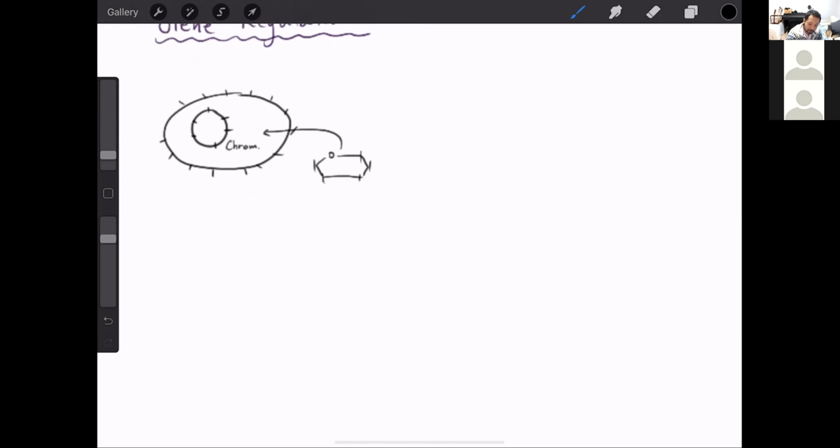But they don't just eat glucose. They could also consume what we call lactose. Lactose is a disaccharide. It looks something like this, and it's made from one part glucose and one part galactose, like this.